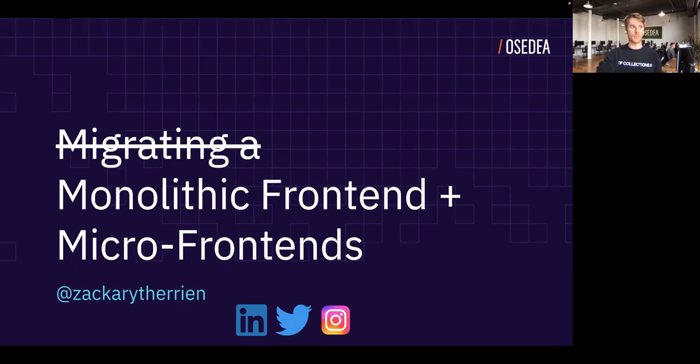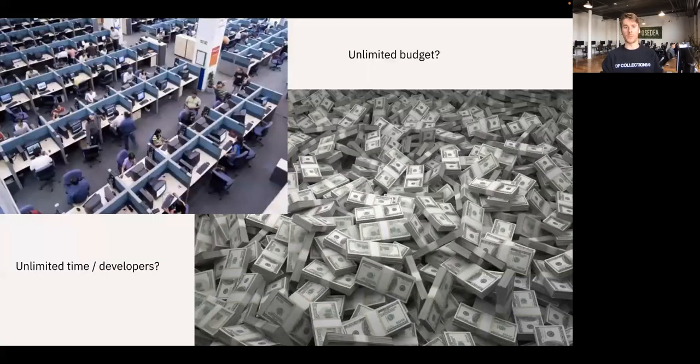If you already have one in place, you can't just say, okay, I'm going to split everything apart and create micro-frontends for everything, unless you have unlimited time, unlimited developers, or budget. If you do, then you can take your existing system, split it up, and migrate everything all at once. But in general, what's going to happen is you have your monolithic front end and you build around it.